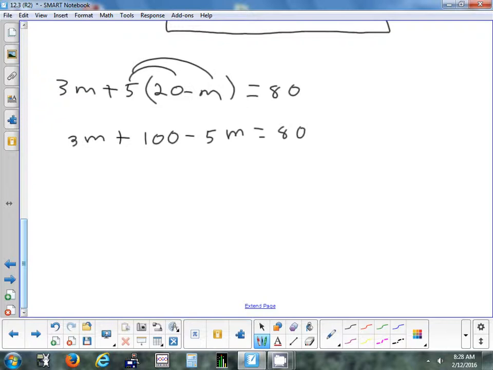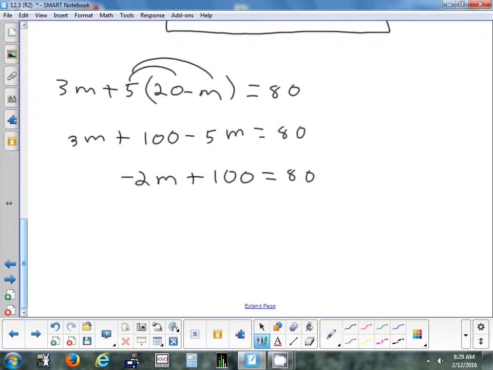What is 3m minus 5m? Negative what? Negative 2m. 3 take away 5, that's negative 2 with an m. What's still on the left-hand side? 100. What's still on the right side? The 80.